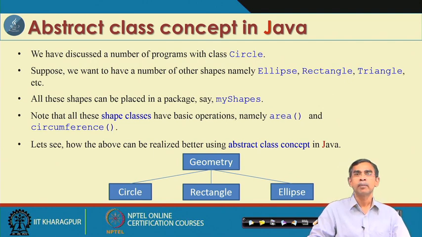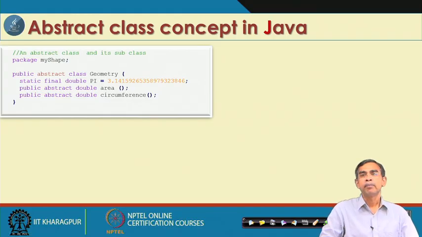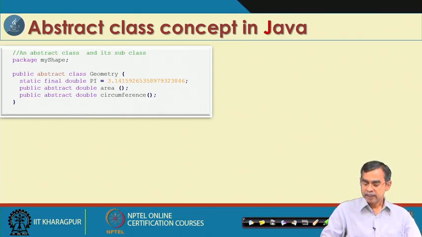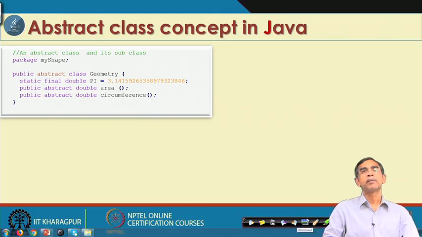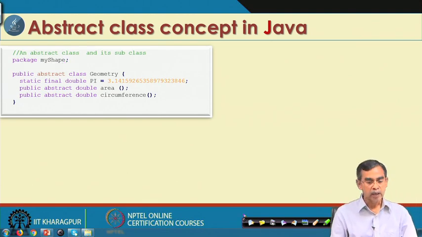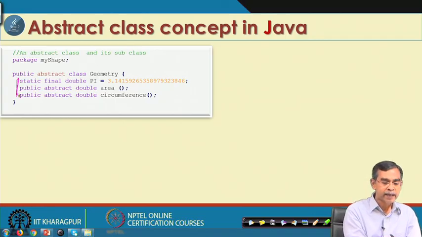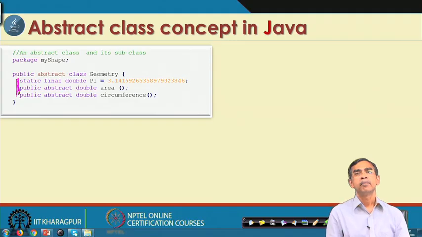Now, let us have a quick look at how such an implementation can be done in Java using the concept of abstract class. So, here we can see we built an abstract class, namely class geometry, and we put this class in a package. The name of the package, as we see, is myshape. Under this package, this abstract class is defined by 3 members.